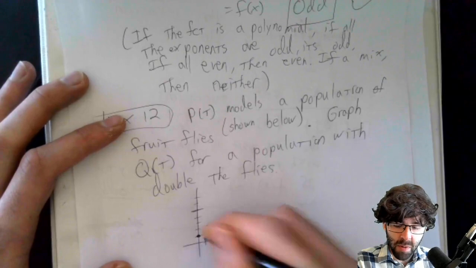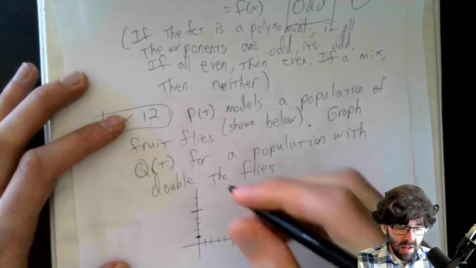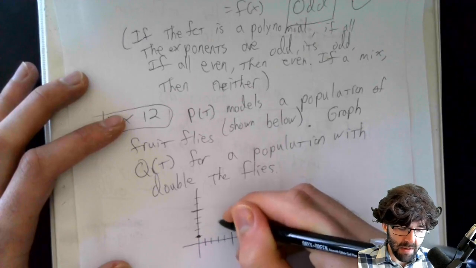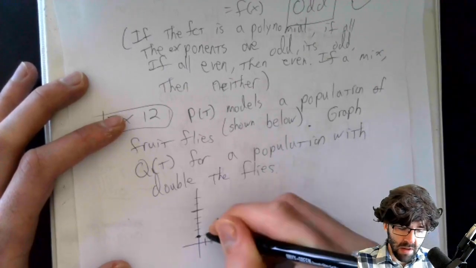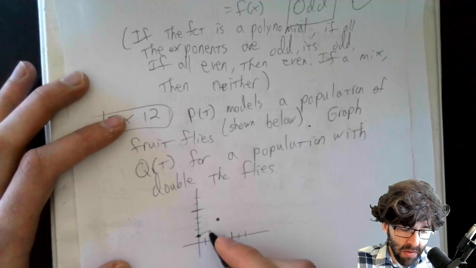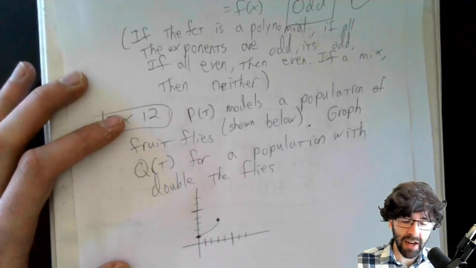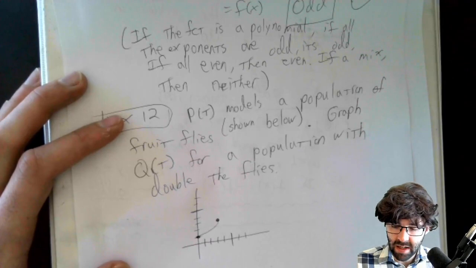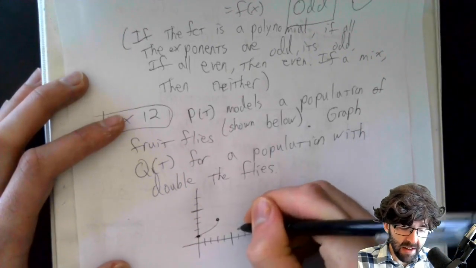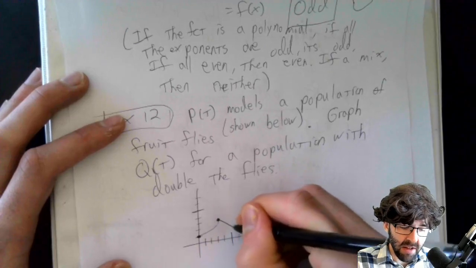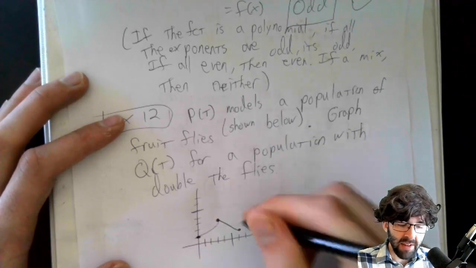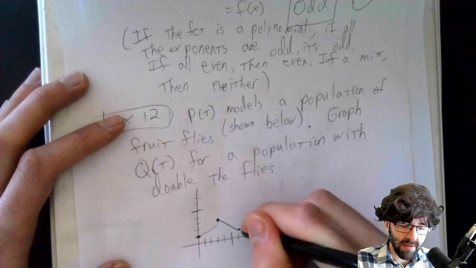So P of t, the normal population, starts off at 0, 1 and goes to 3, 3, in what looks kind of like exponential growth. We'll talk about exponential growth later. And then something happens to the population, and it linearly decays to the point 6, 1. And then it really decays, and they all die.